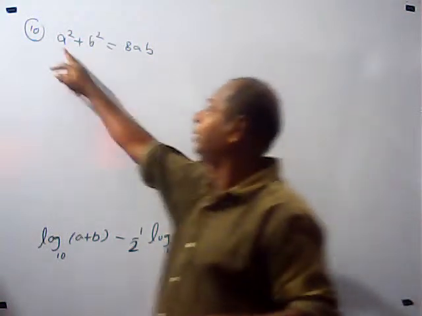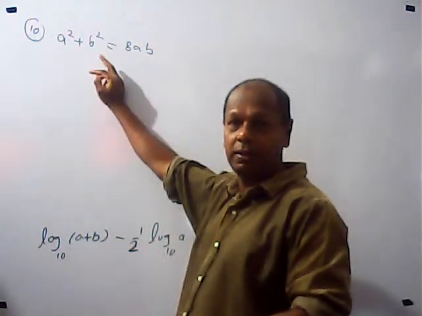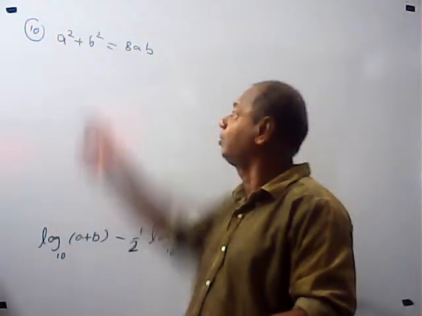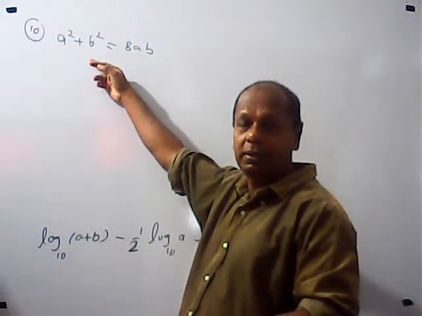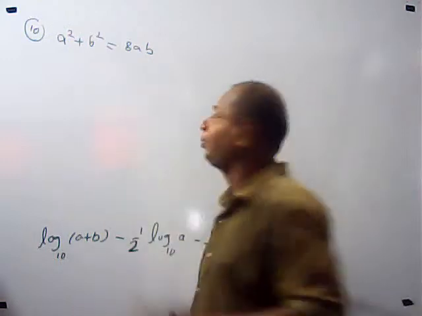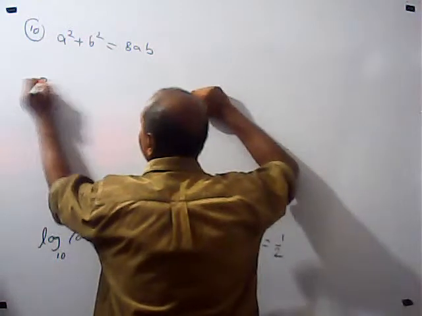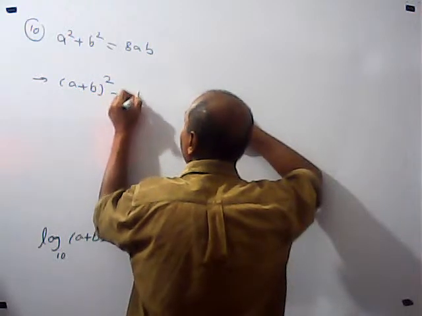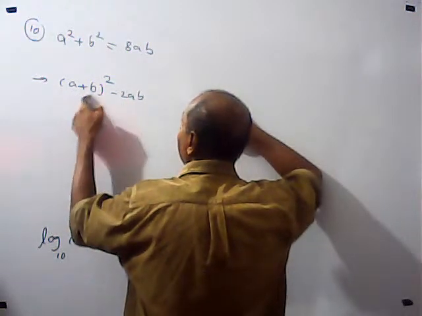But here we have a square plus b square, and we need a plus b. So we'll write it in terms of a plus b. You can write it as (a plus b) squared minus 2ab, because we need things in (a plus b) squared and ab.